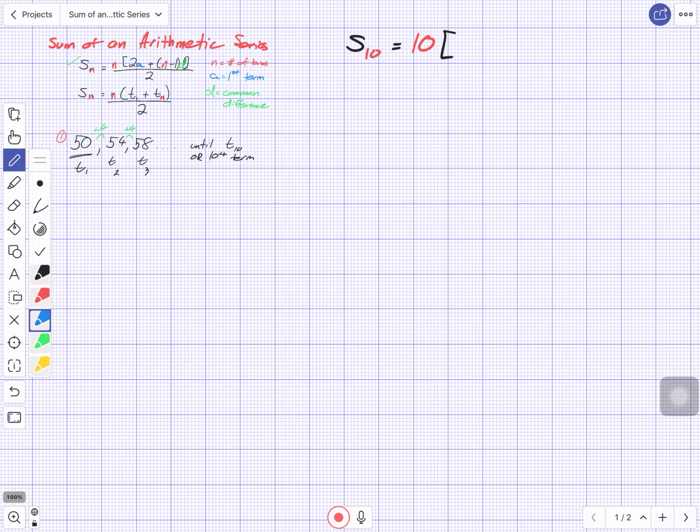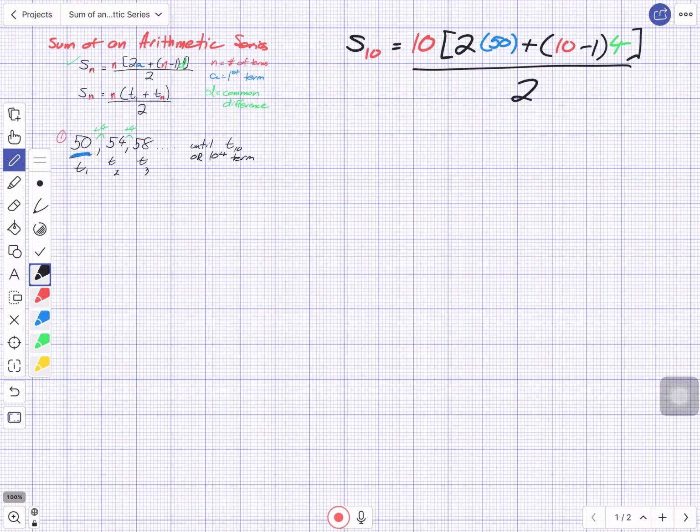The value of 2 times the very first term, which is 50. So 2 times 50, plus n minus 1, which is 10 subtract 1, all multiplied by the common difference of 4. That's the numerator of this fraction, and all of that is divided by 2.